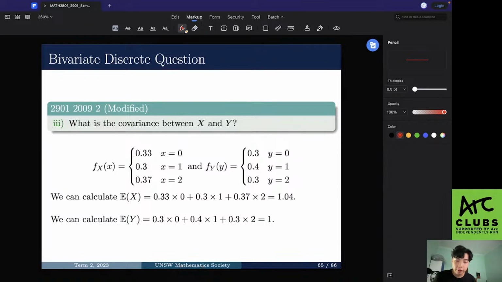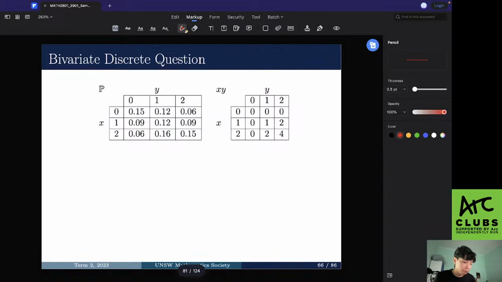The formula for covariance is the expected value of x times y minus the expected value of x times the expected value of y. So that's our second term, and we can get our first term by first calculating our x times y values right here. So what this means is 1 times 1 is equal to 1. And then we can give it a corresponding probability, right?